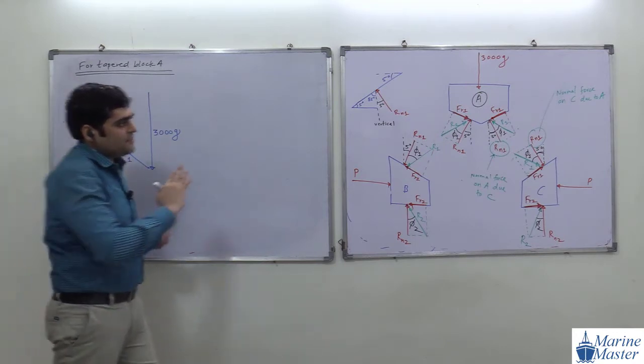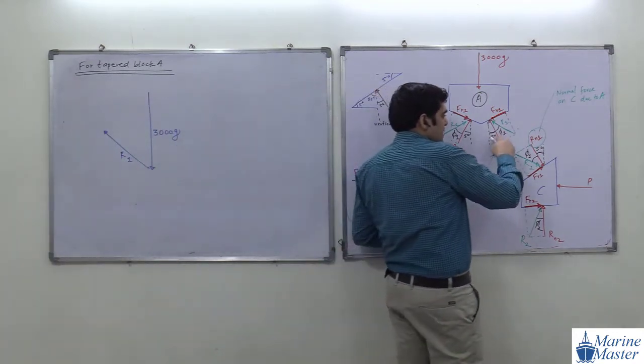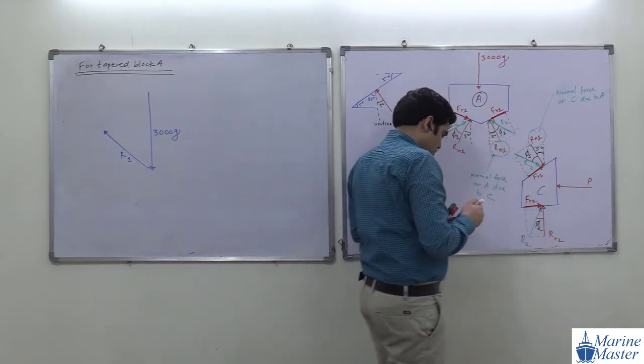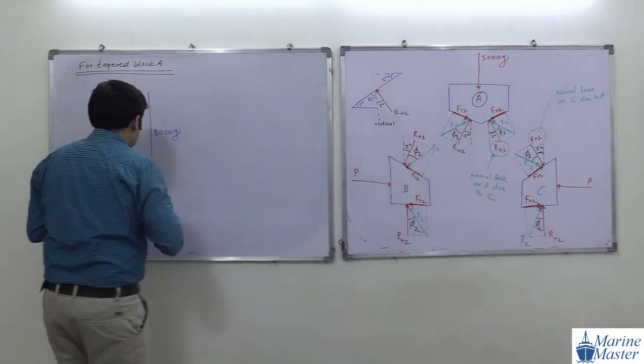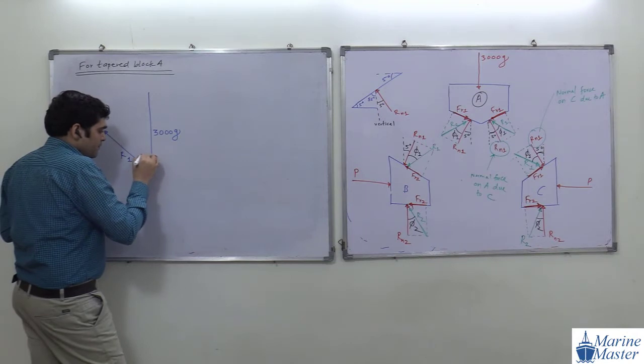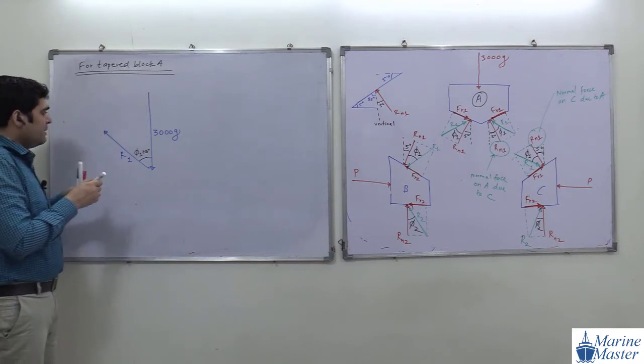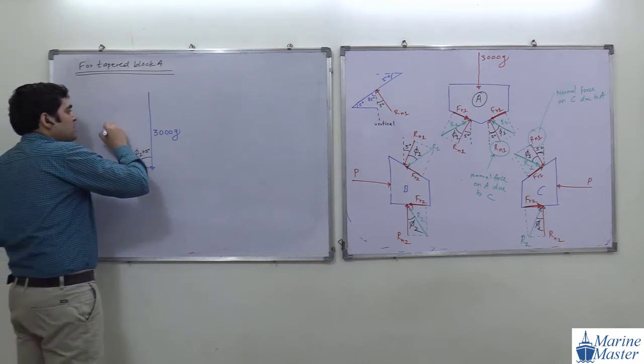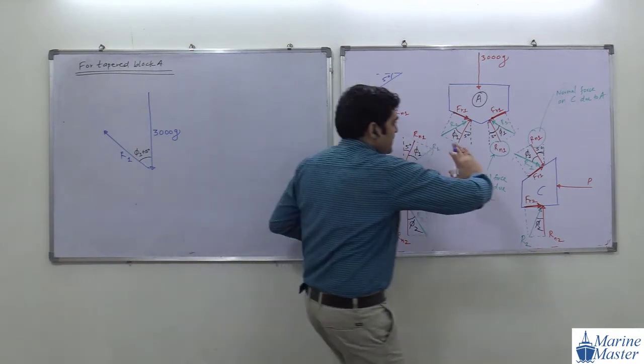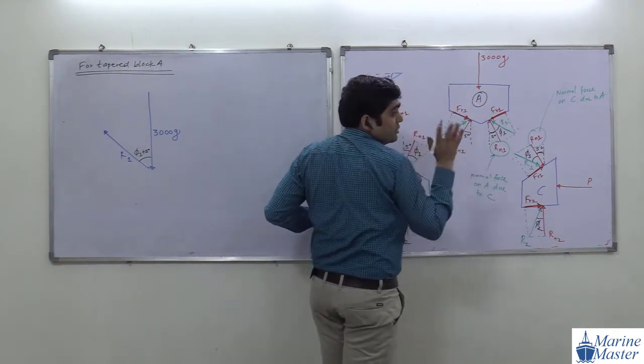And this R1 is making angle phi 1 plus 5 degree with respect to vertical. So this angle will be phi 1 plus 5 degree. Then there is another R1, so there are two R1 here.